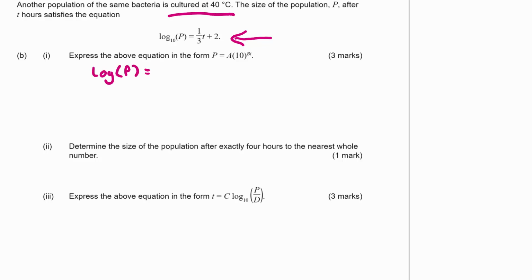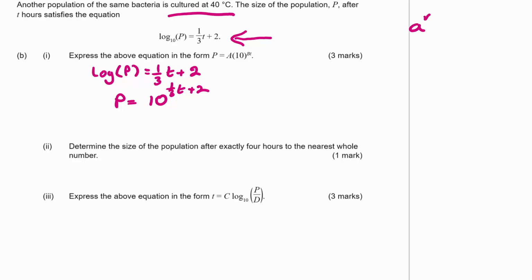Log p is going to be 1/3 t plus 2. Let's take 10 to the power of each side. Now that's the inverse function of log to the base 10. Therefore this side becomes p, and the other side is 10 to the 1/3 t plus 2.